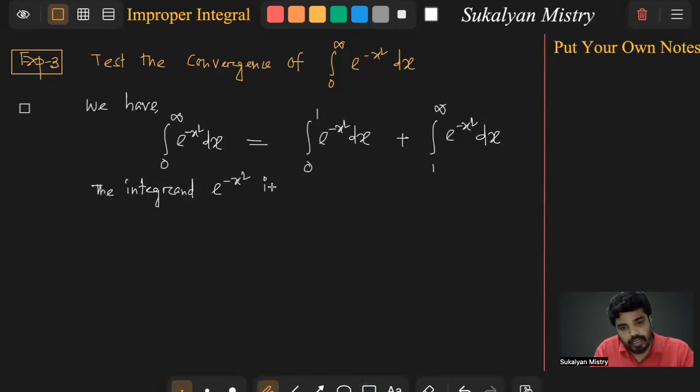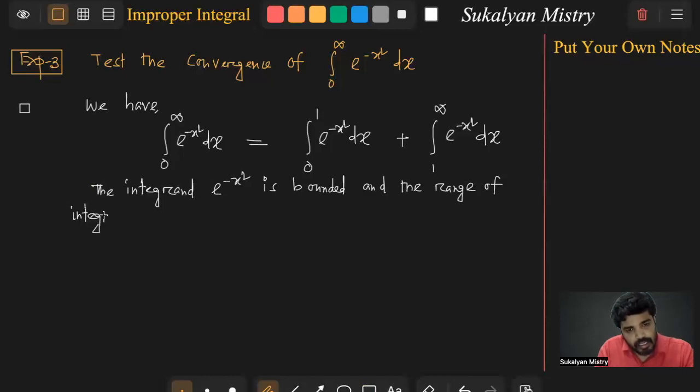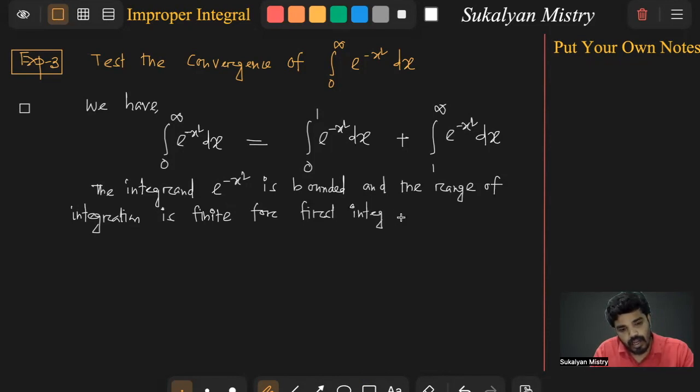So this is bounded, and the range of integration is finite for the first integral of the right hand side.